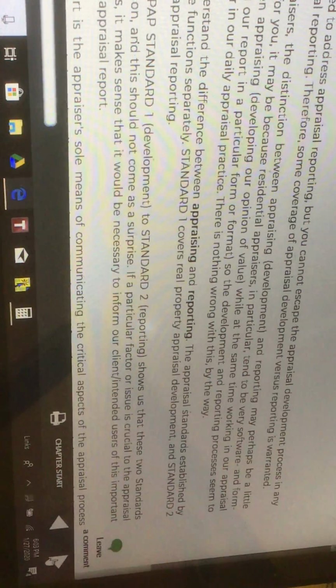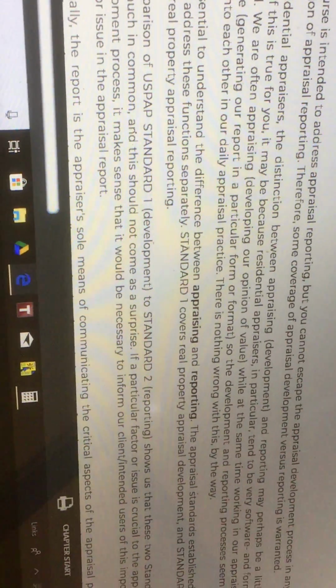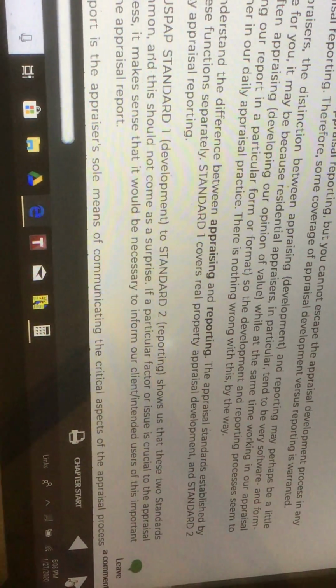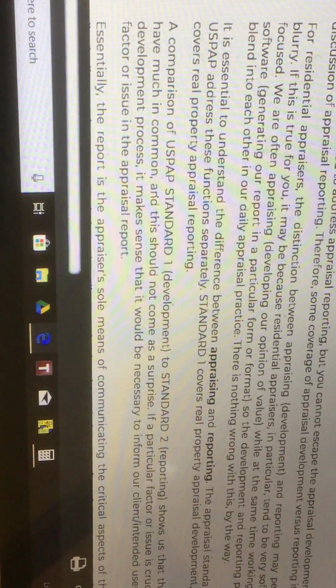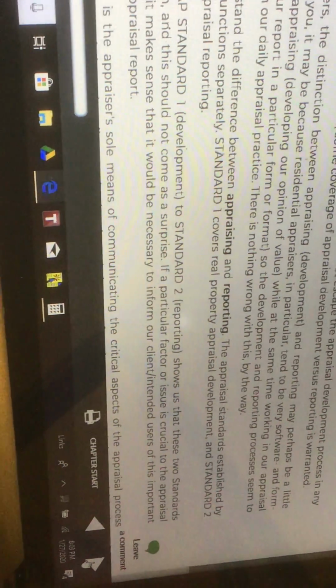So the development and reporting processes seem to blend into each other in our daily appraisal practice. There is nothing wrong with this, by the way. It is essential to understand the difference between appraising and reporting.